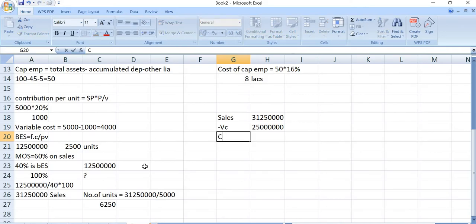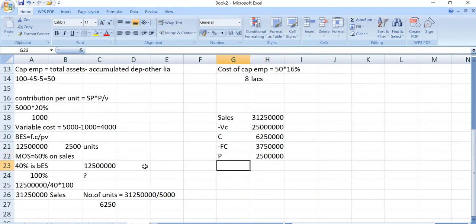My contribution will be sales minus variable cost, that is 62 lakh 50,000. Here less fixed cost, that is 37 lakh 50,000. So my profit will be 25 lakhs. This is PBIT.